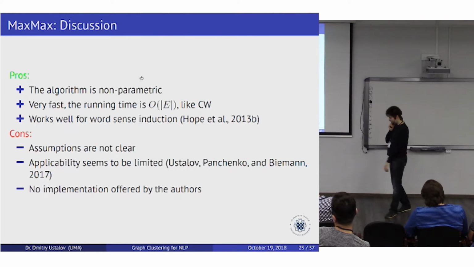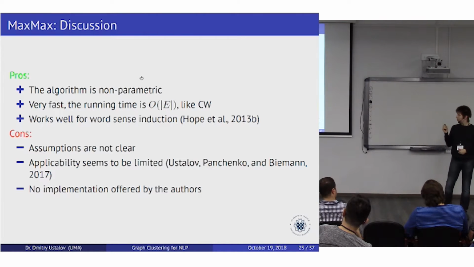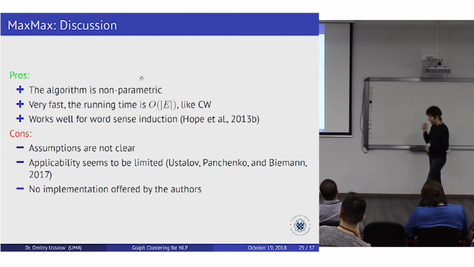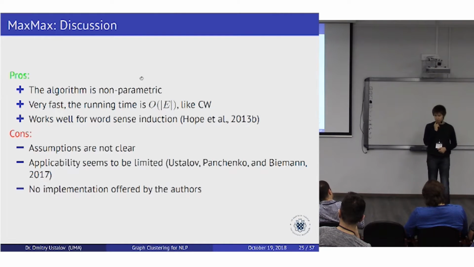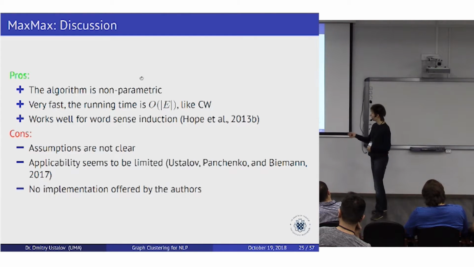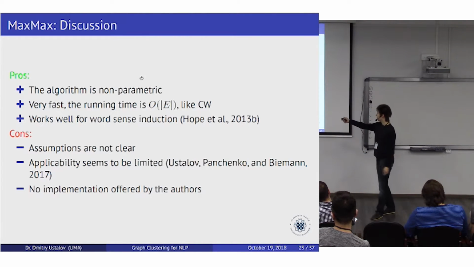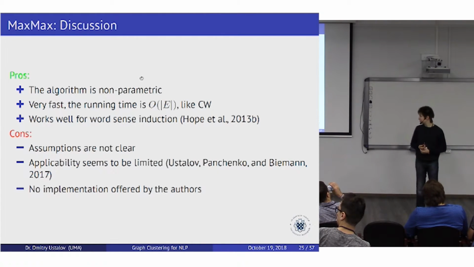And what is funny is that when we were trying to apply it, I checked our implementation a few times against the paper which presents this algorithm. It was not working very well in our cases. So we tried a few algorithms, a few tasks, and they are not coherence networks, maybe because of this, no idea. So the applicability seems to be very limited. You can look at our paper, it really doesn't work very well.